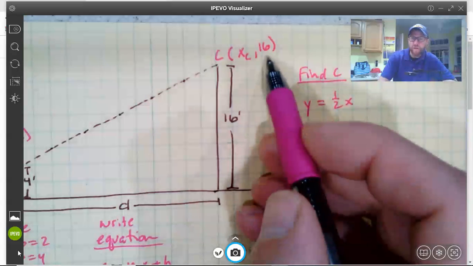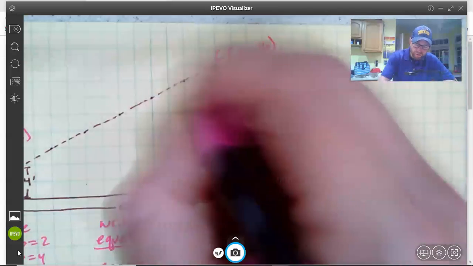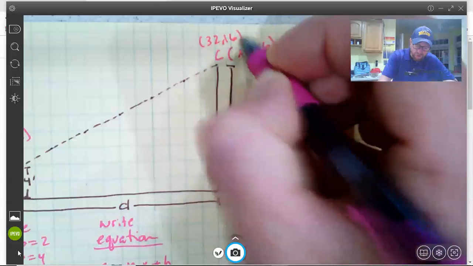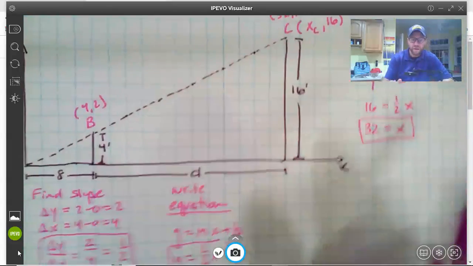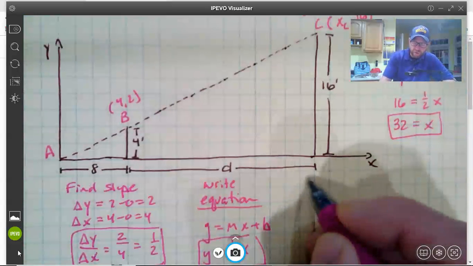Now we found the x-coordinate for point C is 32. Let's just make a note here. That is 32, 16. That tells us that this right here is 32 feet out.